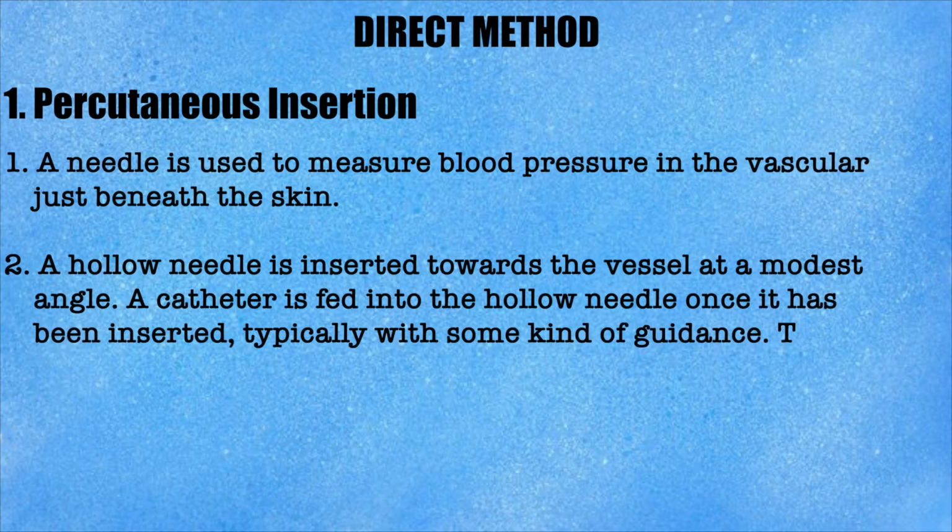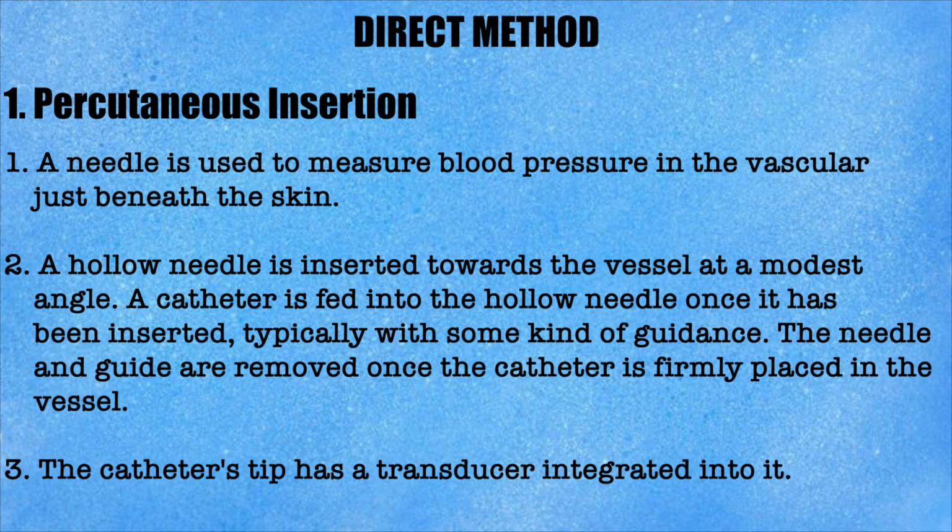In this method, a needle is used to measure blood pressure in the vascular just beneath the skin. A hollow needle is inserted toward the vessel at a modest angle. A catheter is fed into the hollow needle once it has been inserted, typically with some kind of guidance.